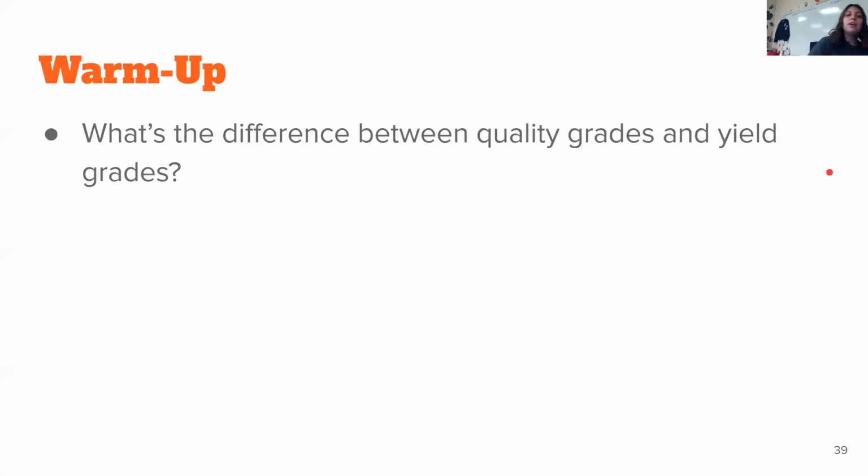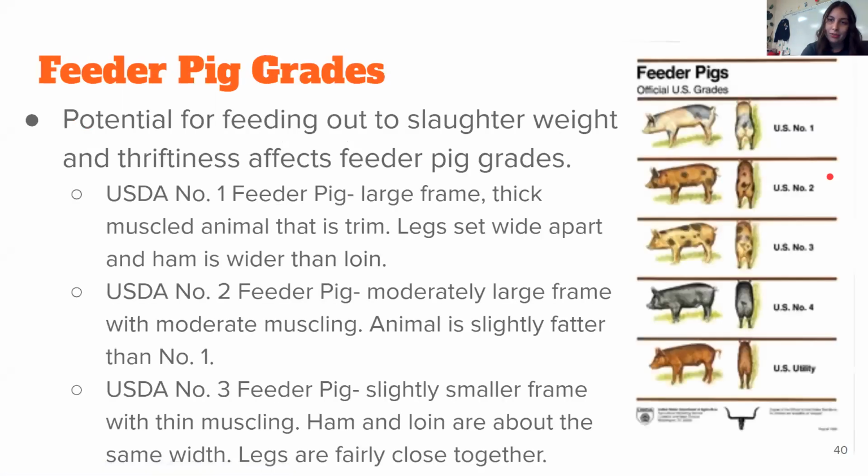So today we're going to be talking about pig grades. If you remember in our cow unit, we talked about prime grades, select grades, and choice grades, which used to be called good grades. Outside of quality grades, we also talked about yield grades, which tells us how much meat we can expect to get off of that cow.